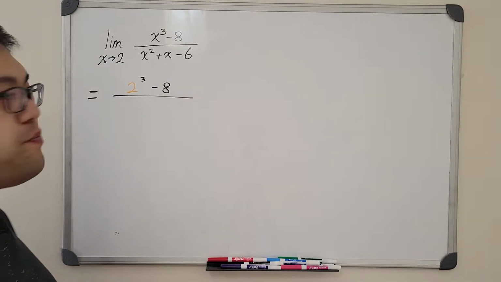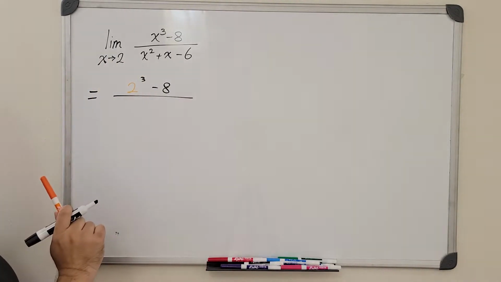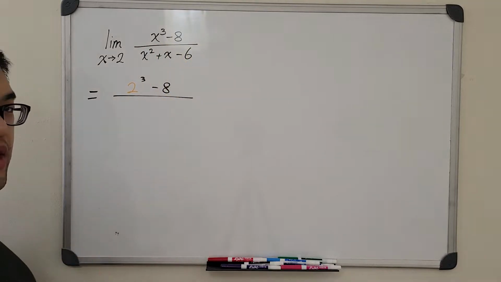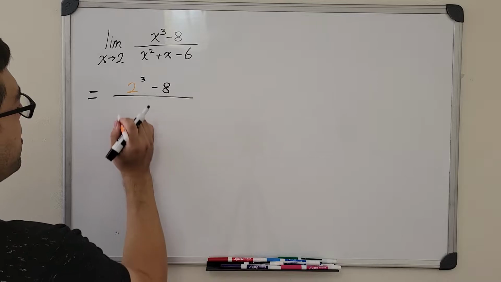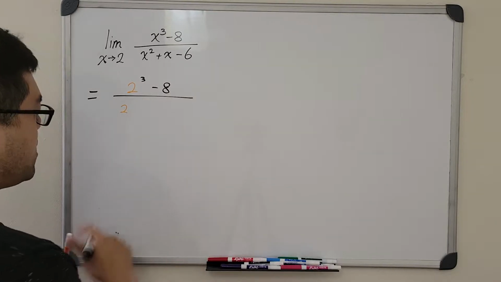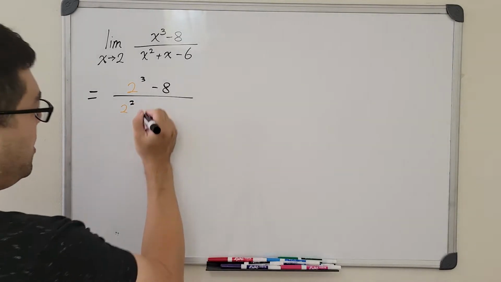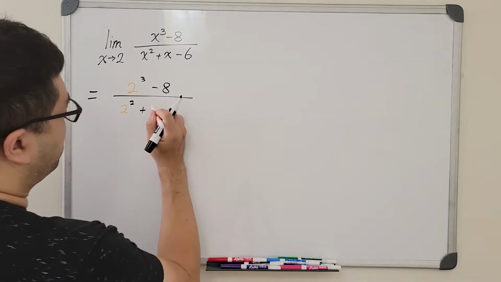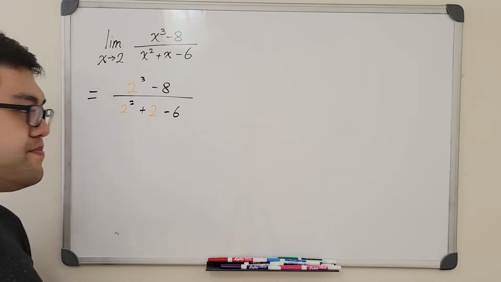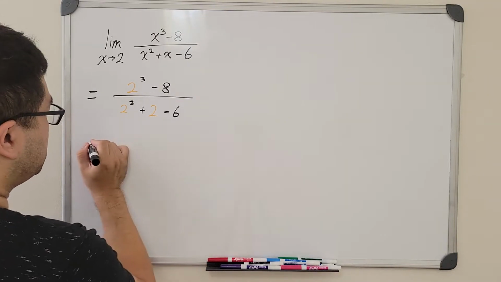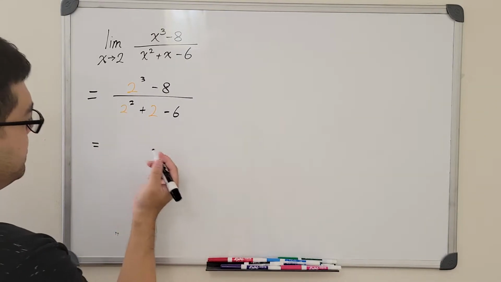But don't forget, we also need to do the substitution in the denominator. What do we get? We have x squared, where x is 2, so we get 2 squared, plus x, which is of course 2, and then minus 6, right? So what do we get? On top, we still get 0. That is no problem.